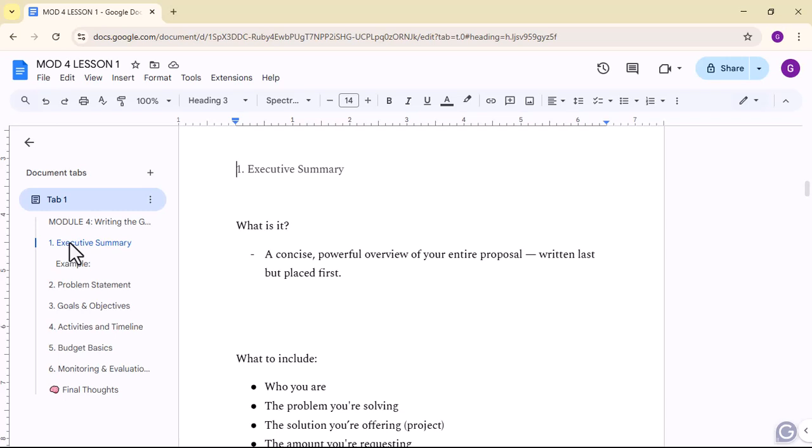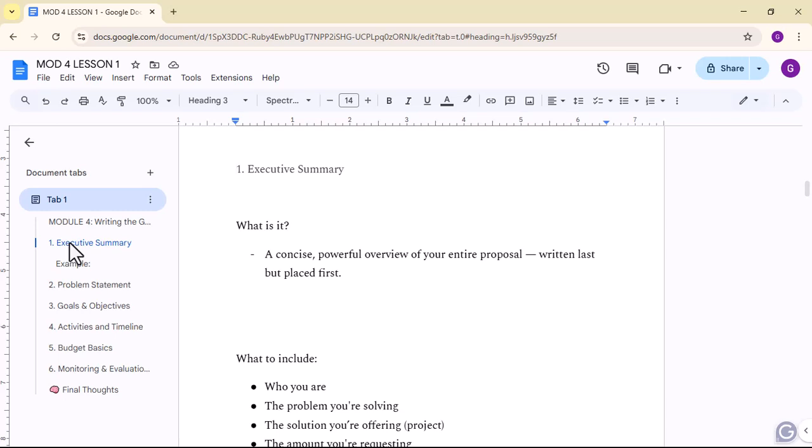If you are writing a proposal or you are developing a business plan, your executive summary consists of everything your proposal or your plan is all about in a short and powerful way, so that if your funders are able to read through the executive summary, they should be able to understand what your project is. They should be able to understand what your business is. So this is the power of an executive summary, a concise, powerful overview of your entire proposal.